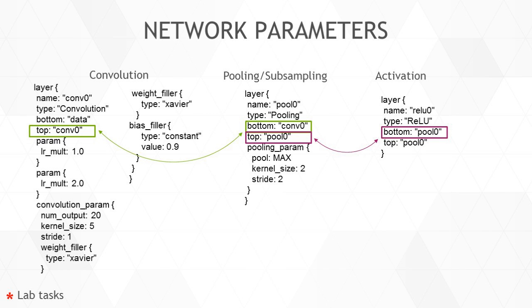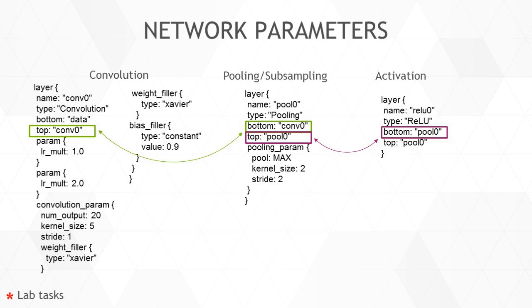What would happen is the top of your pooling layer would go into another layer defined just like convolutional 1, except the bottom specified pooling 0. The bottom will have the name of your pooling. So it's just like that.